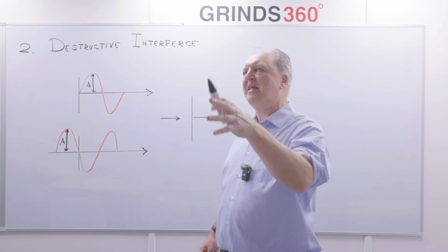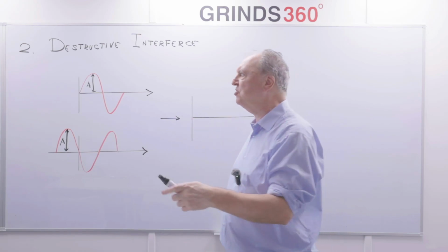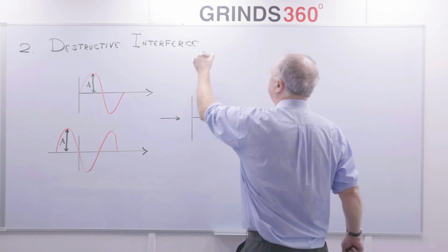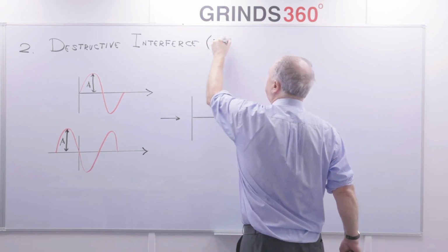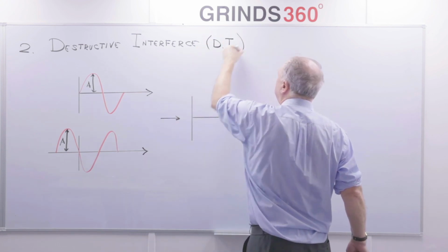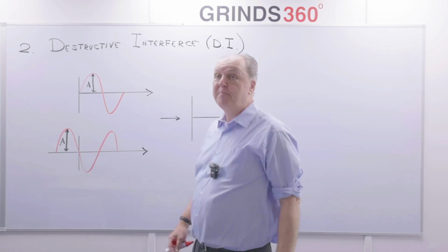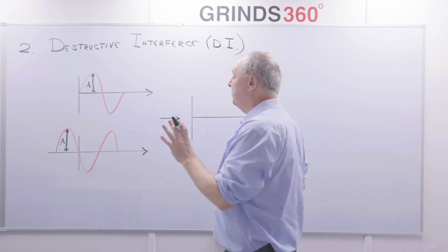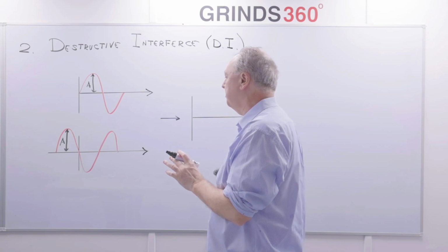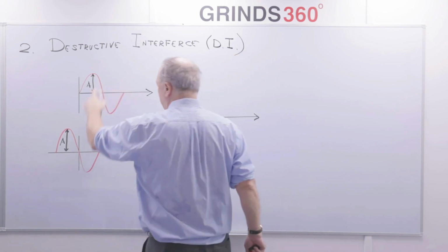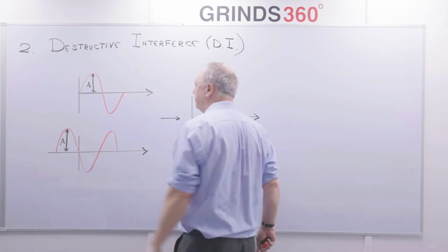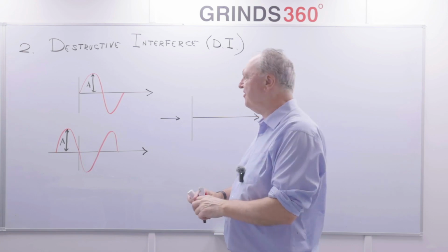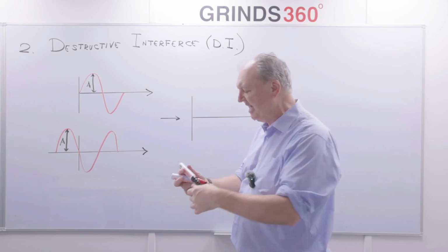What we're looking at in the Leaving Cert is total destructive interference. I sometimes shorten that to DI. You can also have partial DI, but we're not going to look at that here. We're just going to look at the total extreme situations.